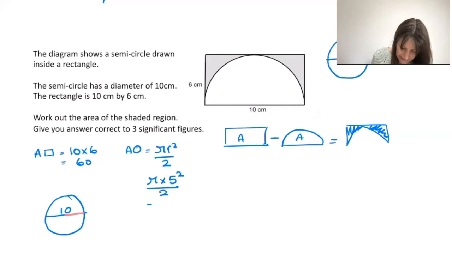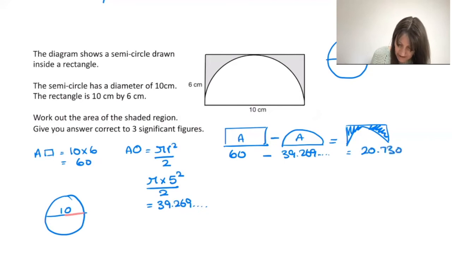That is going to equal 39.269, on it goes. So I've got 60, take away 39.269, on and on it goes. That gives me an answer of 20.7300. Look at what they want. They want 3 significant figures.